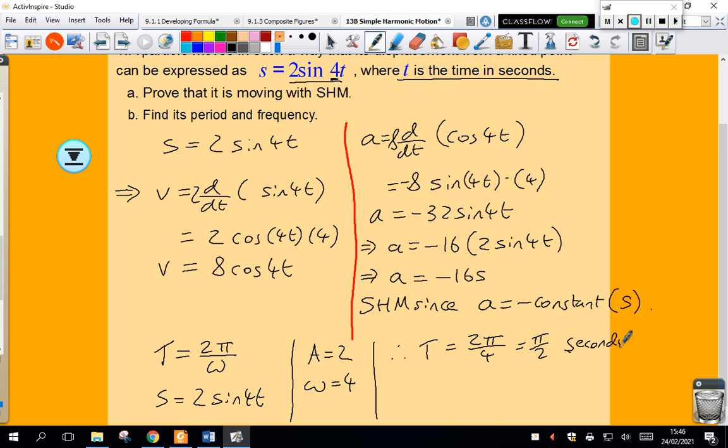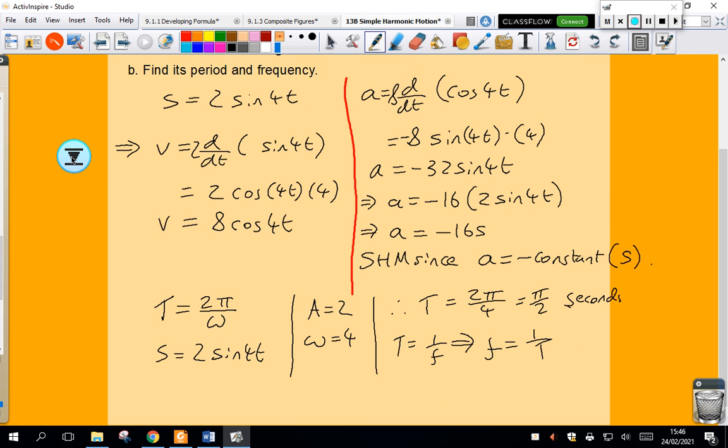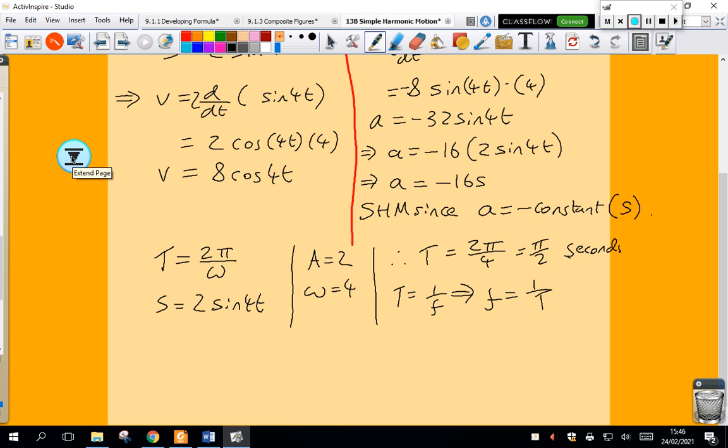The other formula that's given in your formula and table booklet is just a definition linking T and frequency. Frequency is the reciprocal of T, and T is the reciprocal of frequency. So in this case, the frequency is going to be 1 over the period, which is pi over 2.